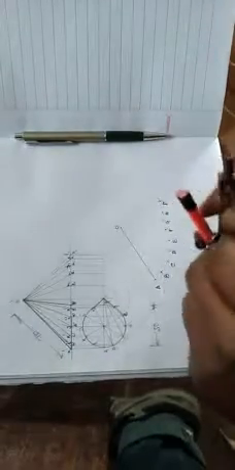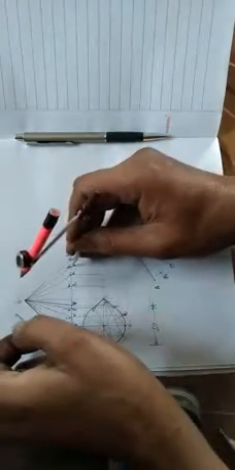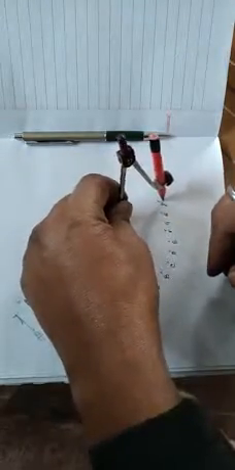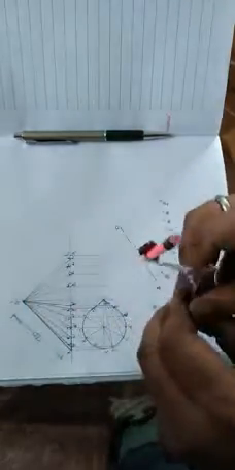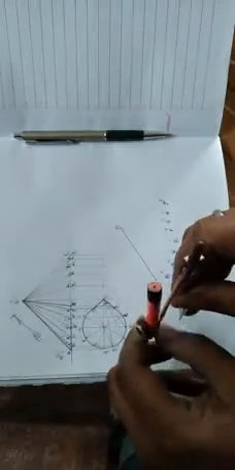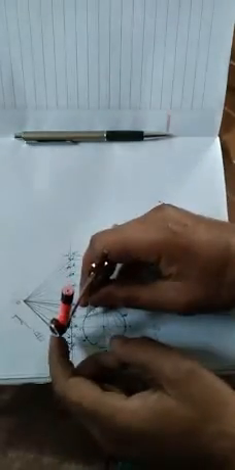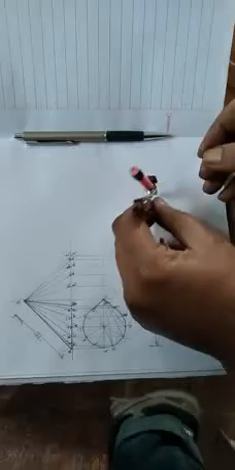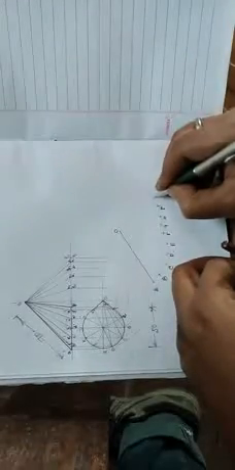Then OJ. Take the true length of OJ, that is equal to OD. Draw an arc and take the arc length IJ. So you can get the point J.